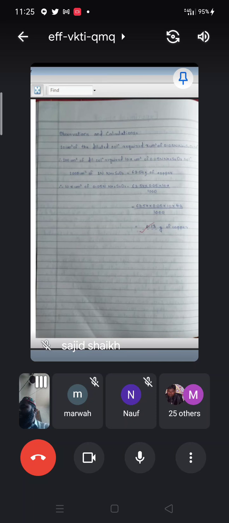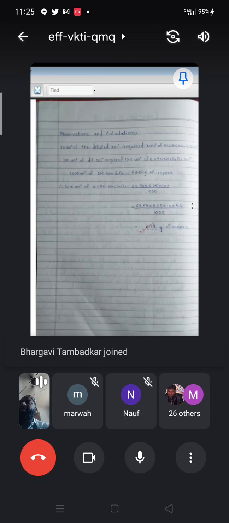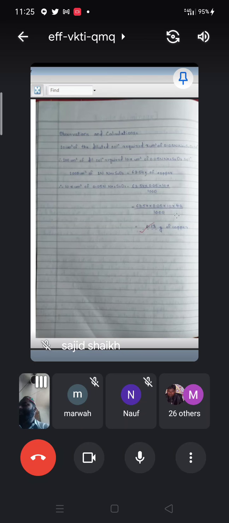Therefore, 10x cm cube of 0.05 normal sodium thiosulfate will be equal to 63.54 into 0.05 into 10x divided by 1000. We put the burette reading here and do the calculation. You will get the amount of copper present in the given sample.